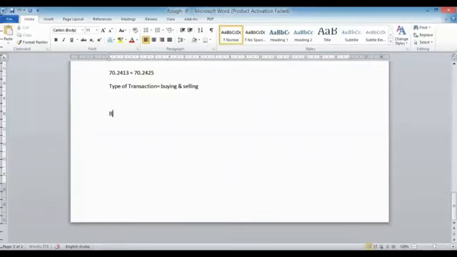One small concept: base rate. If you have noticed in yesterday's lecture, I have mentioned this word a few times, base rate. What is base rate? Base rate means the primary rate.